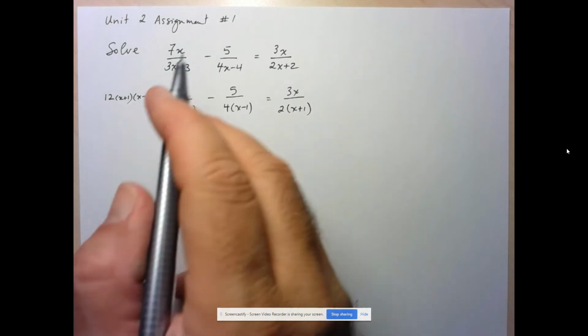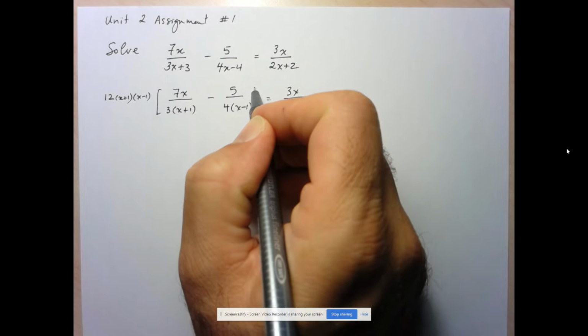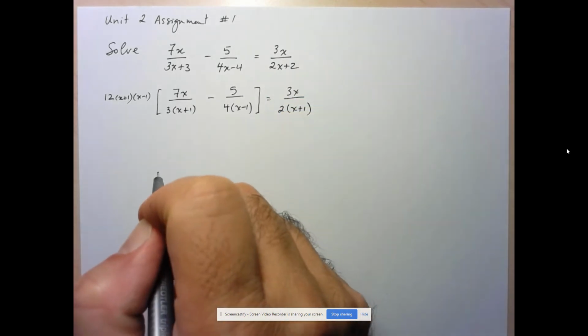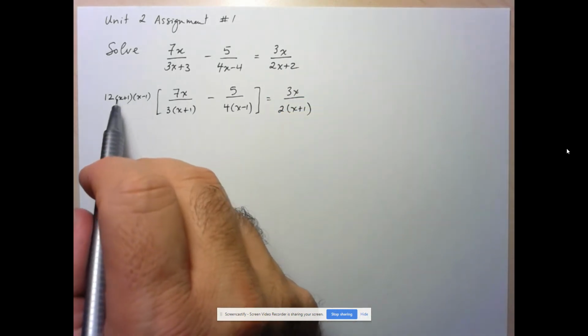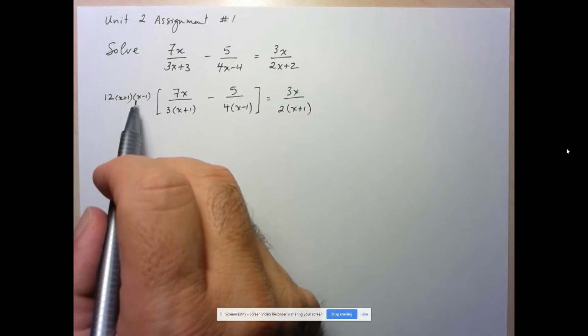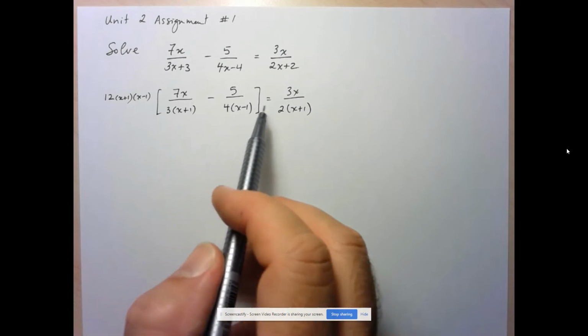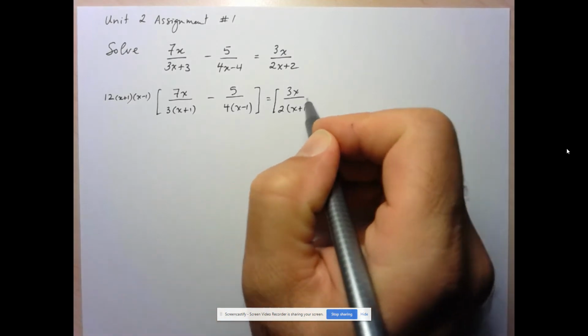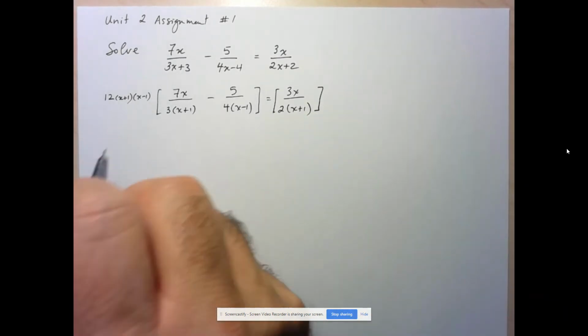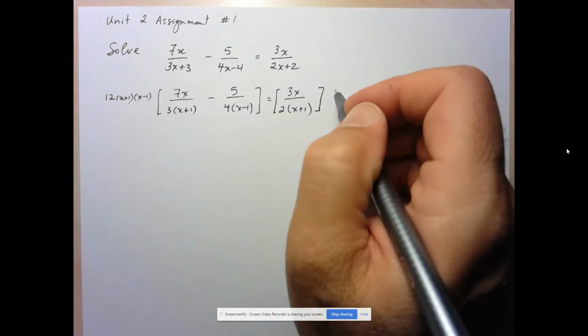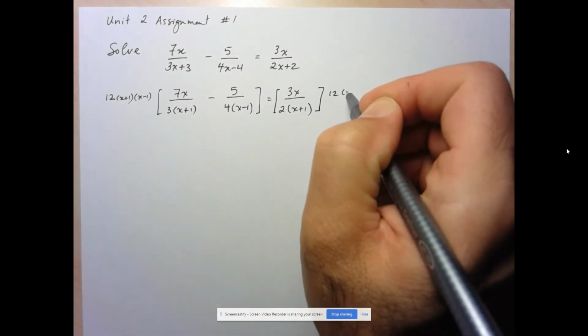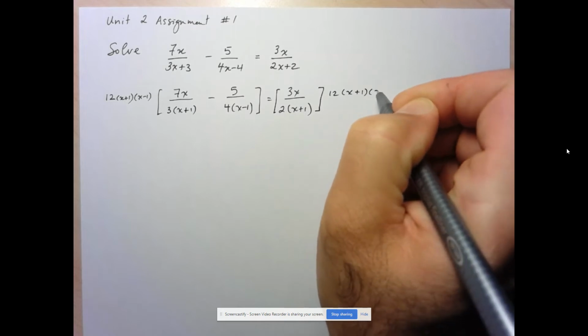So I need to multiply both sides of the equation by 12 times x plus 1 times x minus 1. Now you notice here I'm not going to multiply this out, at least not yet, because it's much easier to do the reducing with this expression in factored form. So here I need to do the same thing to the other side, multiply by 12 times x plus 1 times x minus 1.